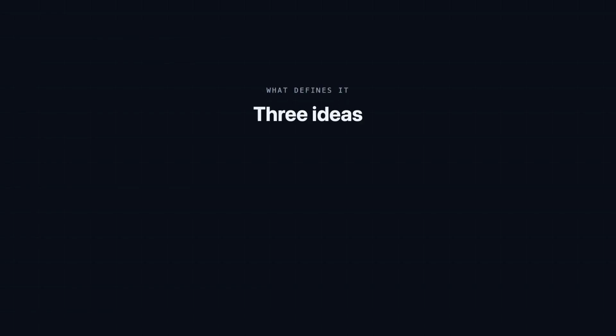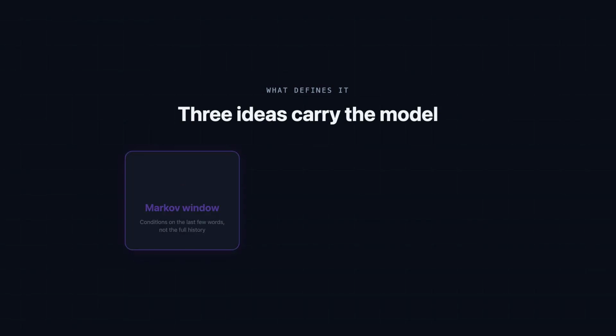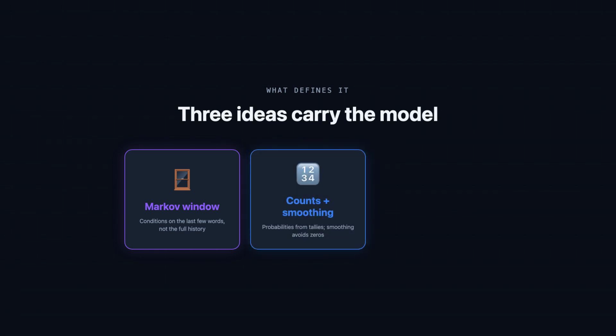So let's pin down the 3 ideas that really define an N-gram model. First, the Markov assumption of a fixed window. Rather than the full history, the model conditions on just the last few words, which is the single simplification that makes everything else tractable. Beyond that, probabilities come from plain counting plus smoothing.